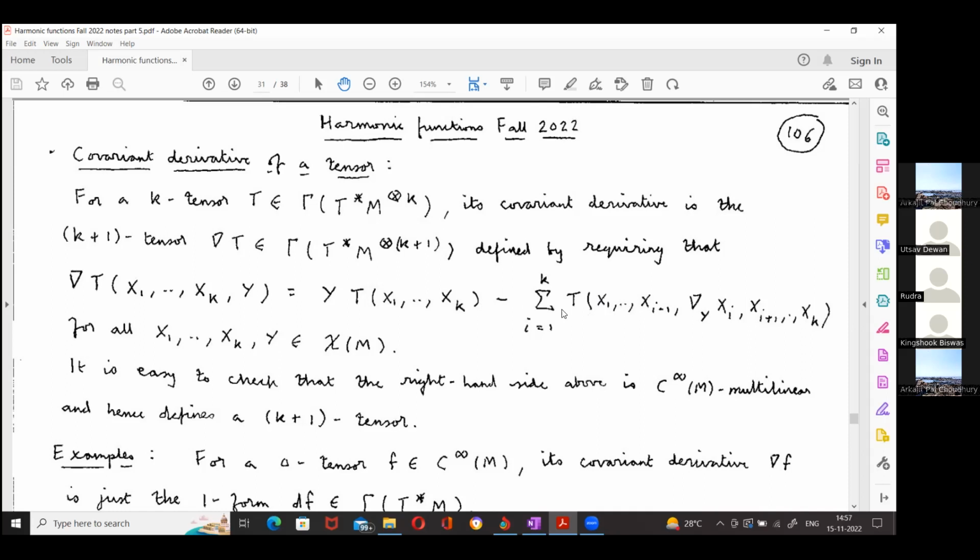That's if you want to think about it in a very algebraic way. But geometrically, there's a simple way to think of the covariant derivative nabla T, which will explain this definition.